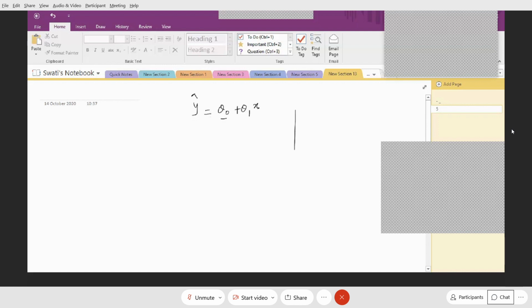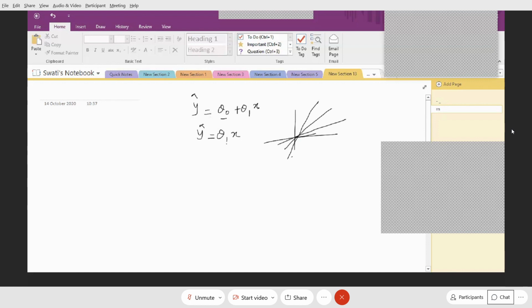It means the equation of the line passes through the origin, so it is either this or this or this. We do not know, but we are only interested in finding one parameter. So I'm modifying my equation of the line as theta 1 x just for a moment.